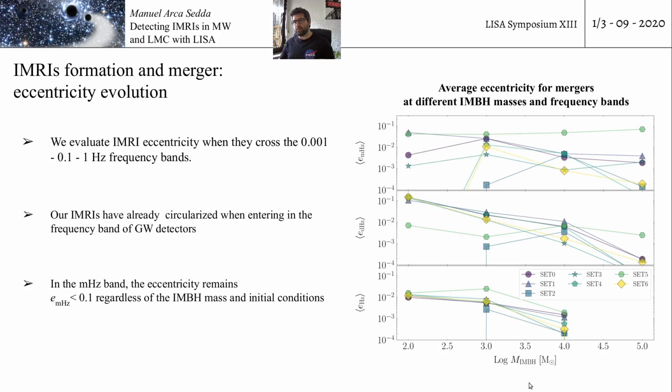What we see is that regardless of the mass of the IMBH or the initial conditions adopted, all our IMRIs on average have an eccentricity below 0.1 when transiting in these frequency bands, meaning basically that our IMRIs are almost circular when we might be able to localize and observe them. And this is very important to assess the detectability of these sources.